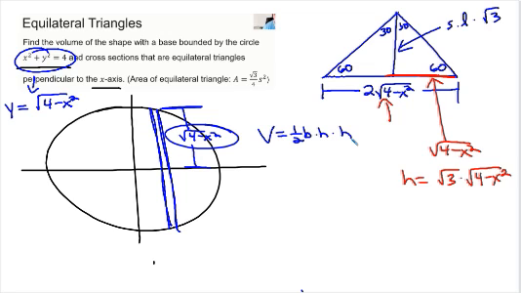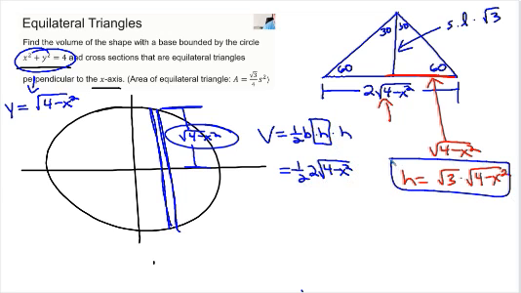And so my base is the 2 times the square root of 4 minus x squared. This height right here is this right here. Okay, so it's this times that. This height right here will turn into my dx.